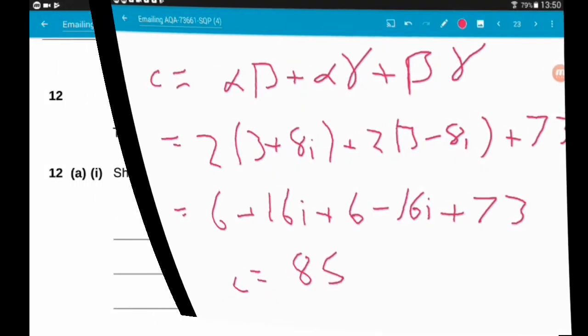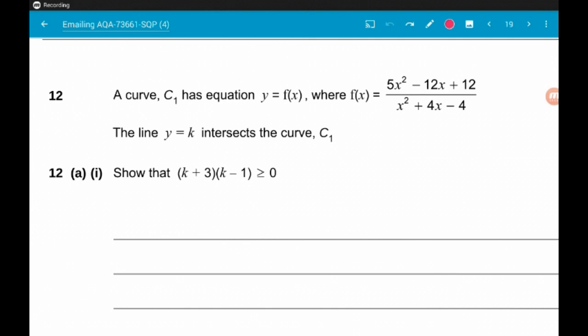85. Okay, question 12a. A curve C1 has equation y is equal to f of x, where f of x is 5x squared minus 12x plus 12 over x squared plus 4x minus 4.